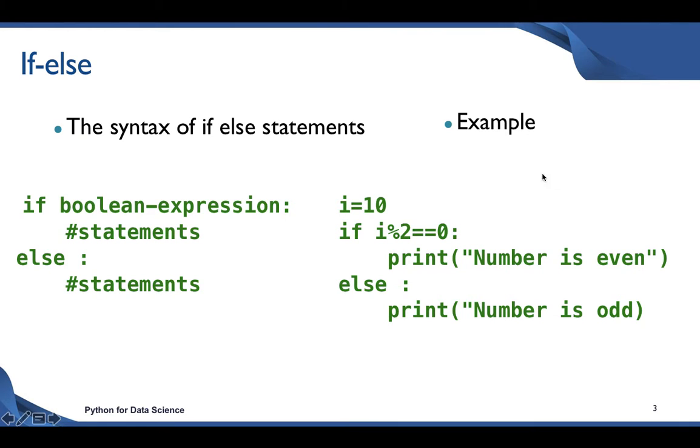For example, we have a program in which we want to check whether a particular number is even or odd. Then i is a variable which holds the value 10, and this is the expression which will yield either true or false. If this expression holds true, then we'll say the number is even, else the number is odd. And this Boolean expression is our main logic for checking whether the number is even or odd. So let's try to do it practically.